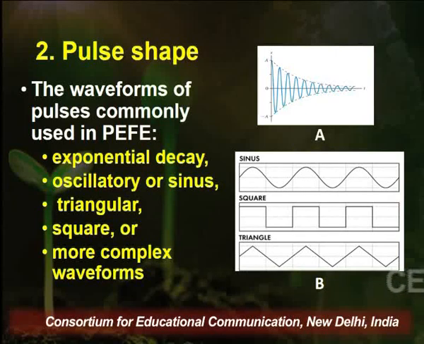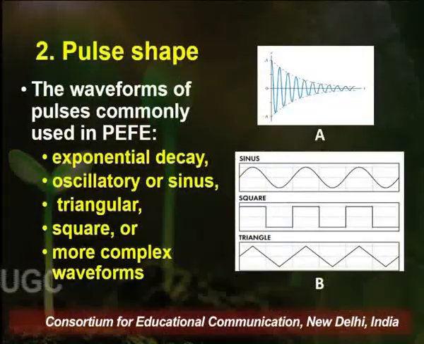Then we have a square pulse of the current, wherein there is an initial increase in the electric field or the intensity of the current, and that increased intensity is maintained for a specified period of time, and then it decreases to a minimal value, and that minimal value is again maintained for a specific period of time.